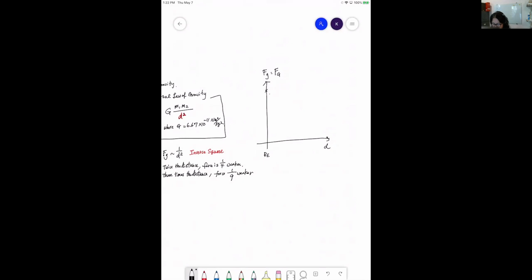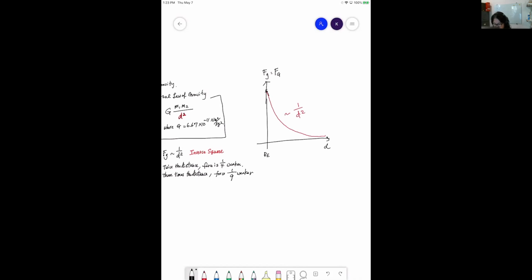So it doesn't go like this, but it goes like this. As you go farther away from the surface of the Earth, the intensity of the gravitational force goes by 1 over d squared.